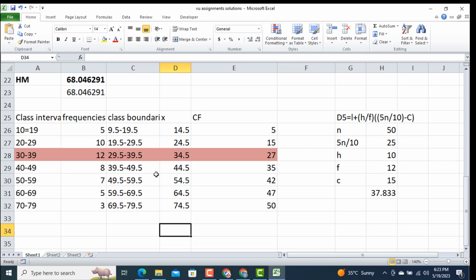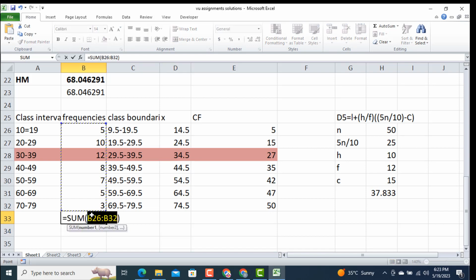Now again we are going to use the same approach for x, by taking the average of the upper limit and lower limit of every class. So we will get these values, and after that we are going to get cumulative frequencies. Cumulative frequencies means 5, 10 plus 5 is 15, 12 plus 15 is 27, 27 plus 8 is 35, up to the last frequency, which is 50, and which is always equal to the sum of the frequencies.